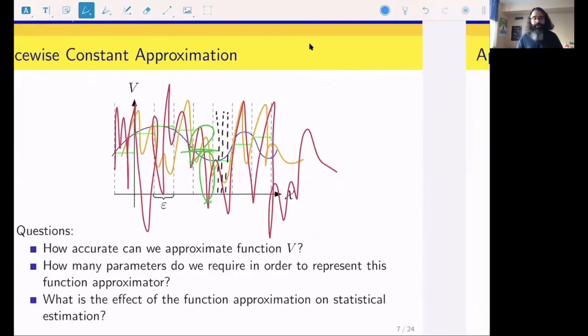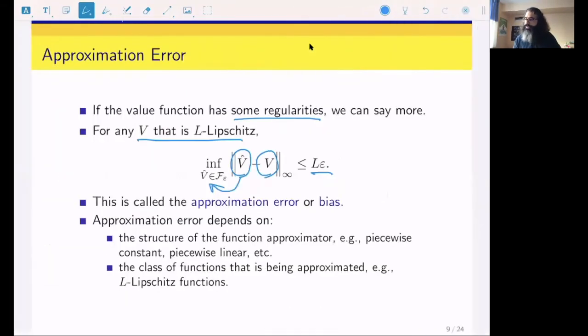This amount of error, how well the best approximation we can have of a function, is called the approximation error, or also bias in machine learning.